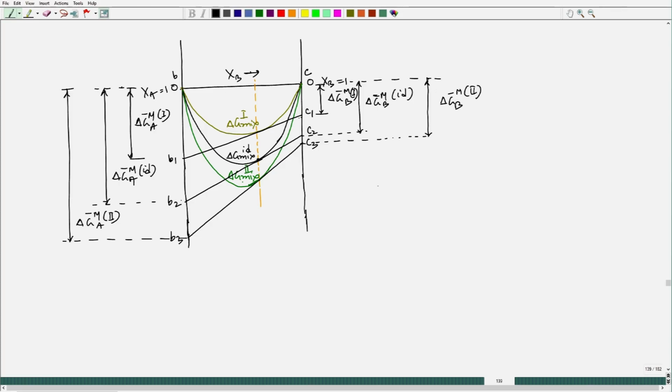Now we can see that delta G bar M B, if I consider only in terms of B, for case 2, I am taking the mod value, is greater than delta G bar M ideal for B, mod value, which is greater than delta G bar M B case 1.